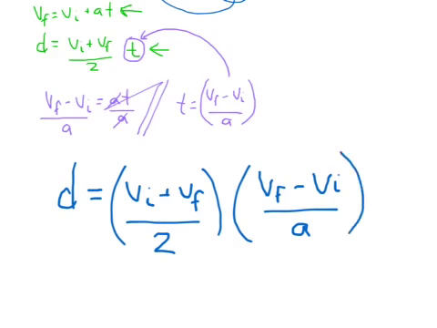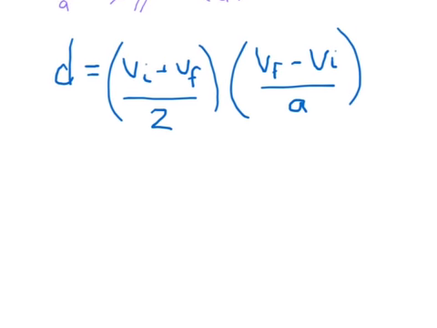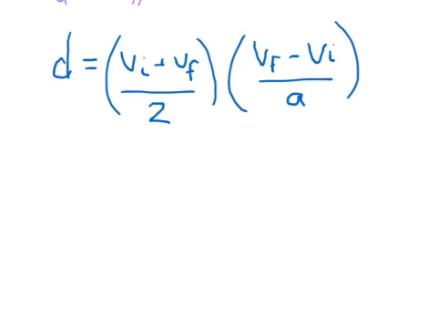Okay, this looks kind of horrific, but don't panic, because we can take a couple of relatively simple steps to start off with. We can multiply both sides by 2, and we can multiply both sides by A, which should eliminate our two denominator parts of the equation.